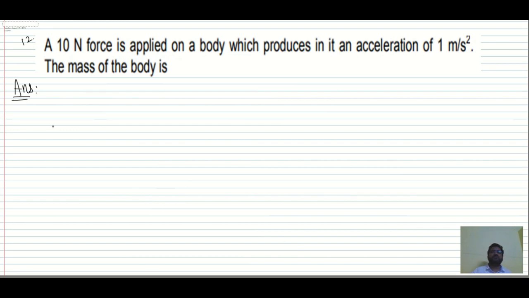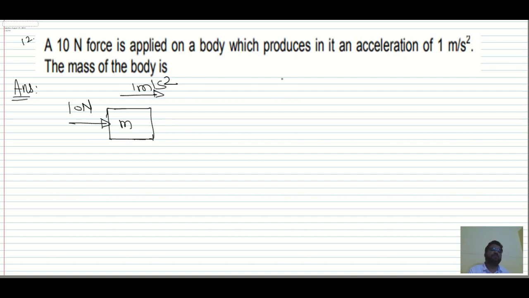Now the last question we have, and in this question it is given a 10 Newton force is applied on a body which produces in it an acceleration of 1 meter per second squared. The mass of the body is, okay. So 10 Newton force, this is the body given, and 10 Newton force acts on it, mass m is given, and acceleration in it is 1 meter per second squared.